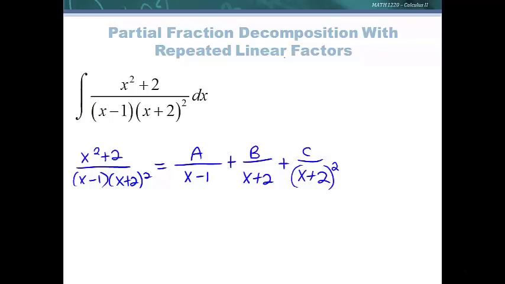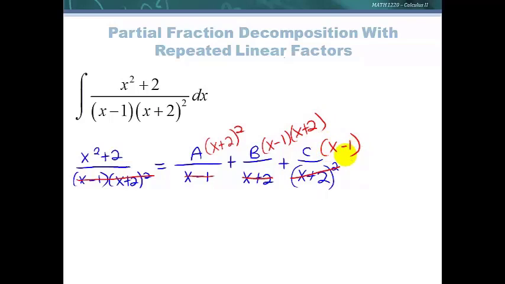So if we clear the fractions, if we multiply everything by x minus 1 times x plus 2 quantity squared, that would disappear here. The x minus 1's would go here, and we'd have left an x plus 2 squared. One of the x plus 2's would go here, and we'd have left an x minus 1 and an x plus 2. And the x plus 2 squared would go here, and so we would have left x minus 1.